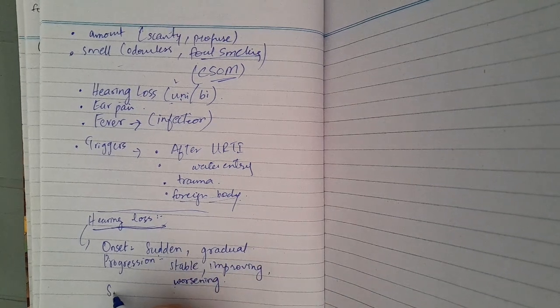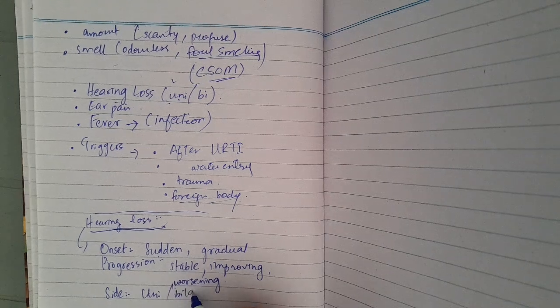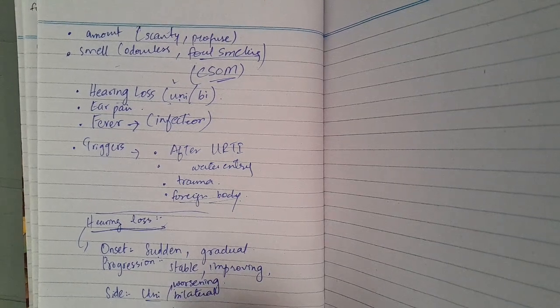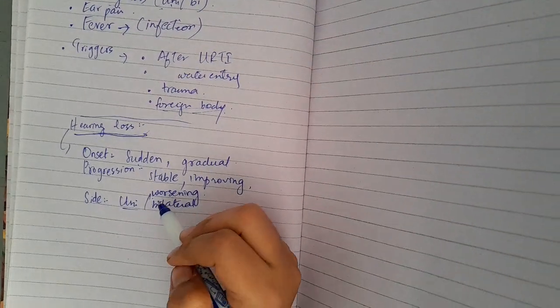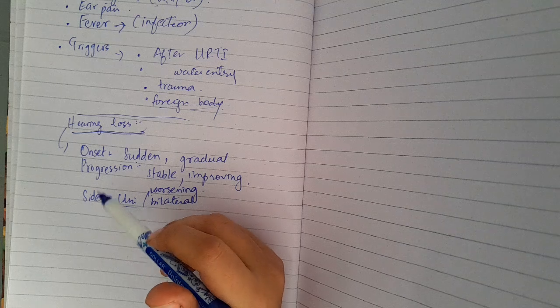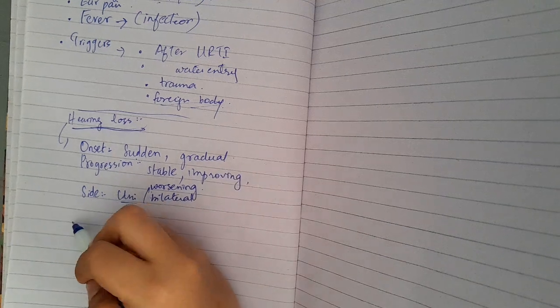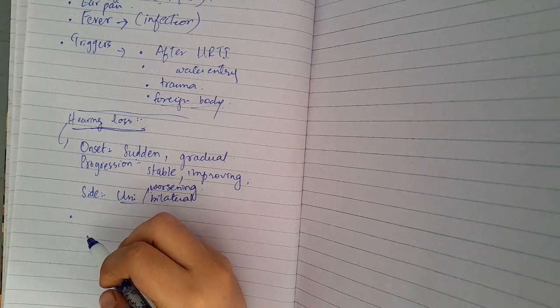Next, you will ask about the side, which is uni or bilateral. In the case of unilateral, you're gonna ask whether it's on the right hand side or on the left hand side. And you're gonna ask about the type of hearing loss, whether it is conductive or sensorineural. This will also come in the examination when we do Weber's and Rinne's test.